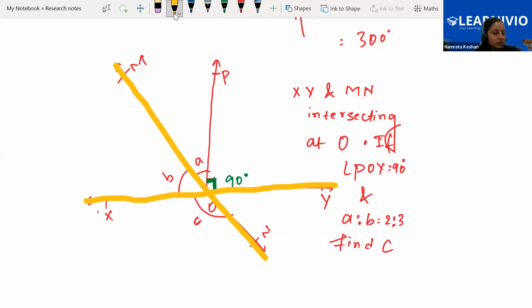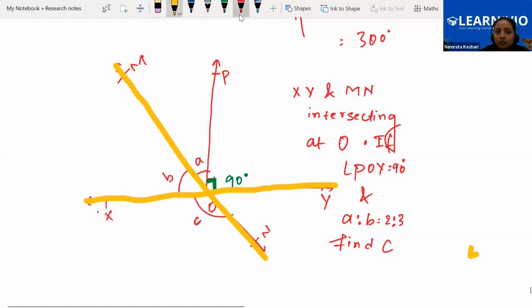Perfect. And we already have the value for angle POY, so we can just substitute it into the formula. So angle POX plus 90 degrees equals 180 degrees. We will be getting angle POX from there.